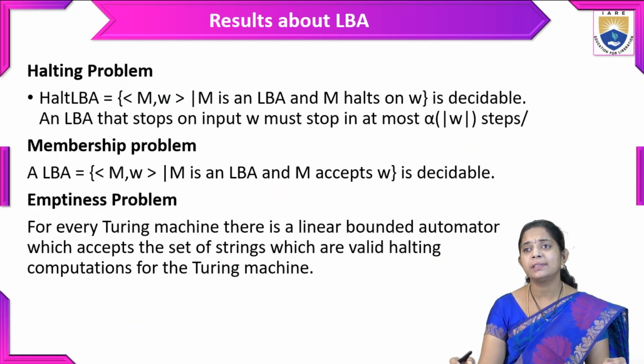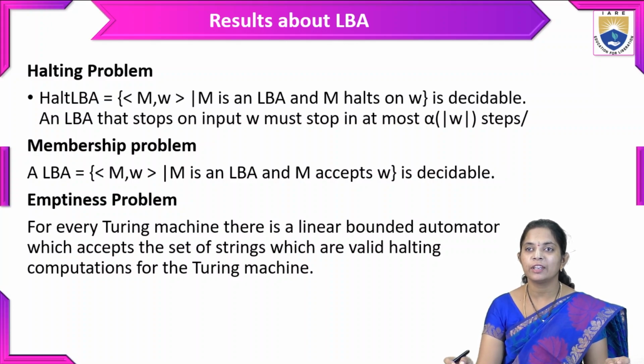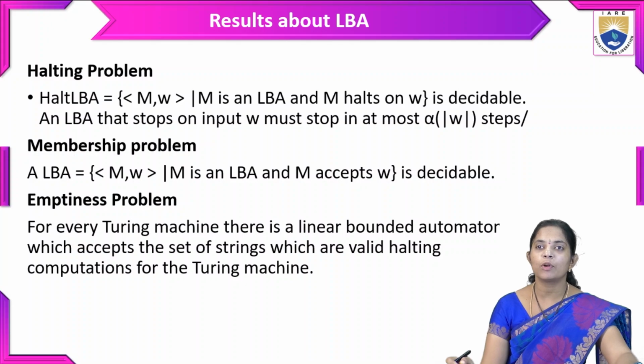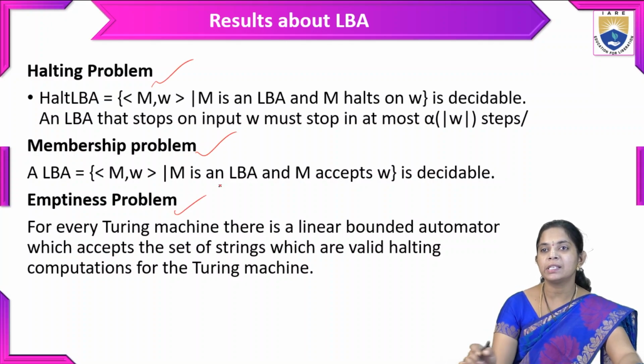So, what are the results about the linearly bound automata? By using this linearly bound automata, we can solve this kind of problems. What are the problems? Halt problem, membership problem, and emptiness problem.